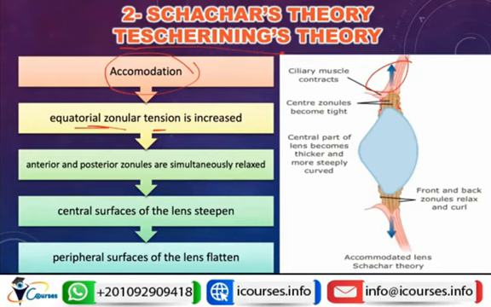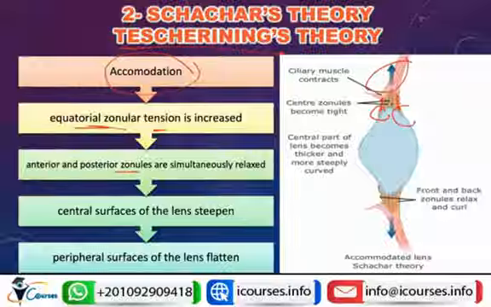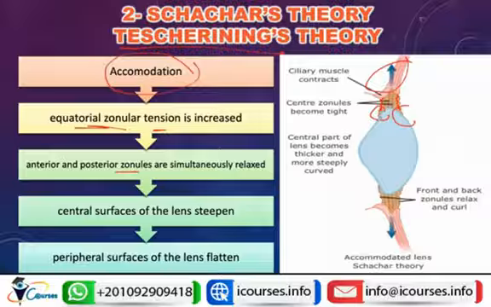This equatorial zonular tension is increased because the anterior and posterior zonule are simultaneously relaxed. So here the anterior and posterior zonule are relaxing, meaning that they will allow the central part of the lens to bulge and the peripheral part of the lens to be flattened.